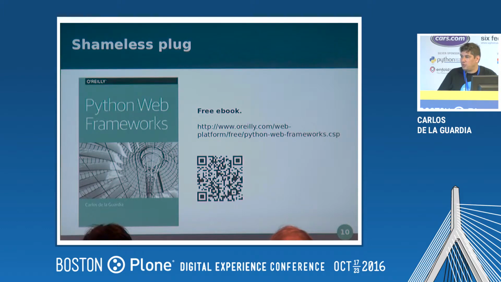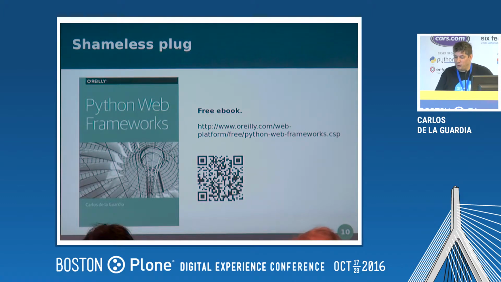It covers most of them in little detail, like 40 frameworks, but it goes into detail on the most important ones according to popularity of downloads on the Python sites, which are, for example, Django, Flask, and Pyramid, among others. So if you want to take a look at what's available, that's a good place to start.